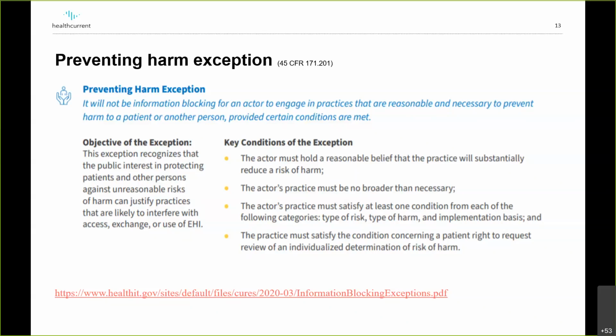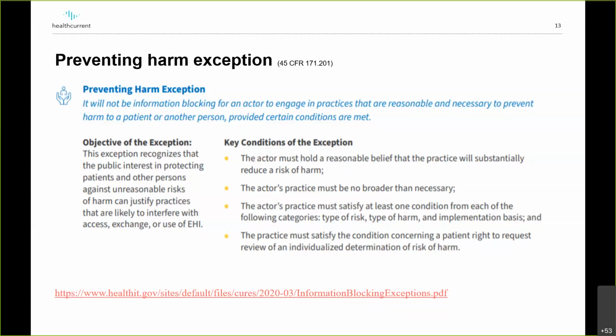And the reason I'm suggesting that you go back and update your HIPAA access policies to do this is another criteria of qualifying for this safe harbor requires you to meet a documentation element. You either have to have that written organizational policy, or you have to make a fact-specific determination on a case-by-case basis every time you're interfering with an access request based on this preventing harm safe harbor.